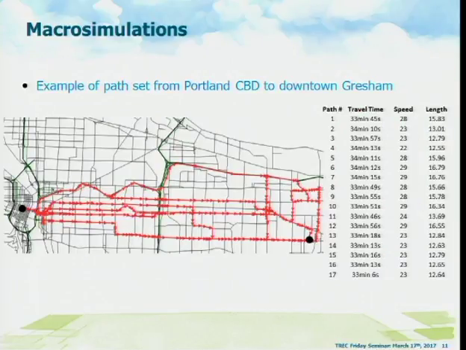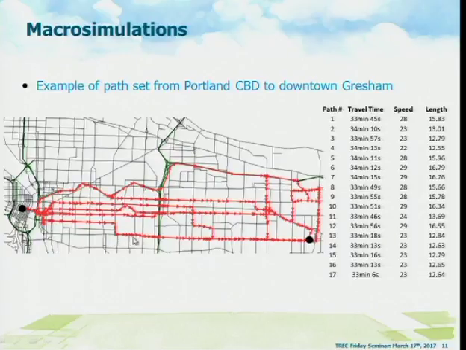So this is what I meant by multi-path assignment or route choice capability. This is an example of a trip between basically Pioneer Square and downtown Gresham. And you can see that this particular trip has identified 17 different paths or permutations of paths that can be taken. There's one that makes a lot of sense. It's along I-84, the freeway here, all the way down to the 230 or whatever that is out in Gresham, and then south.